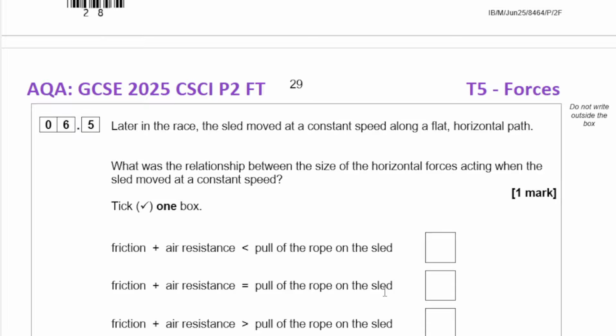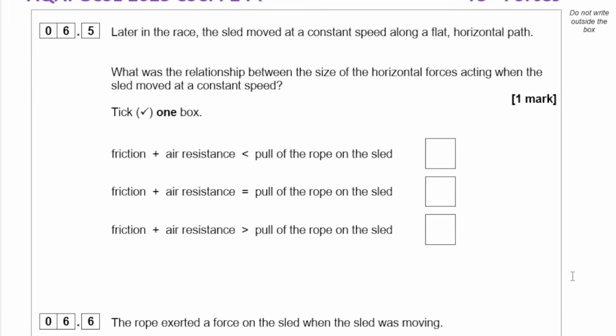Later in the race, the sled moved at a constant speed along a flat horizontal path. What was the relationship between the size of the horizontal forces acting when the sled moved at a constant speed? Now, if it is moving at a constant speed, then the forward force and the backward force should be equal.